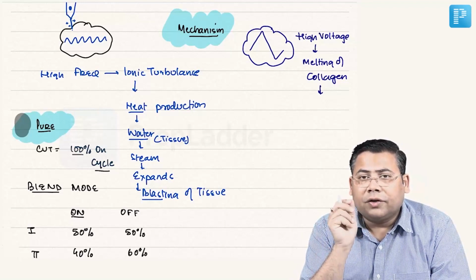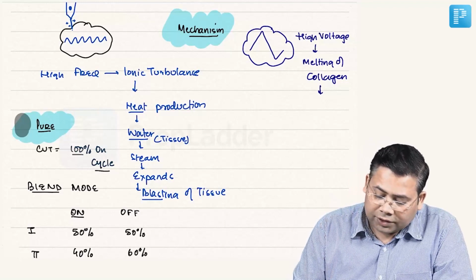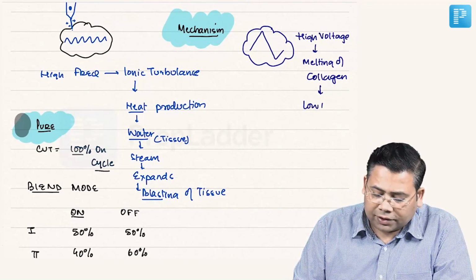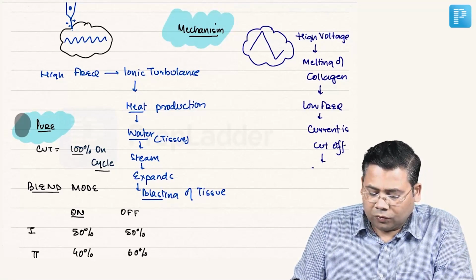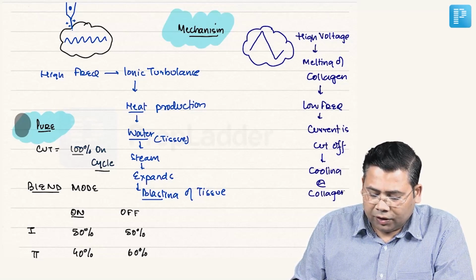Why? Because the frequency is low. So since there is low frequency, the current is cut off, and when the current is cut off, it cools. There will be cooling of collagen, and since there is cooling of collagen, it will get remodeled. This is how the things are.